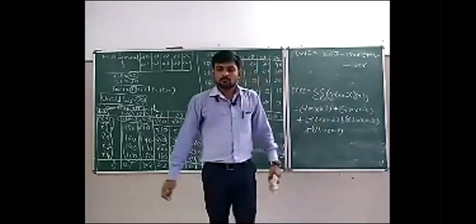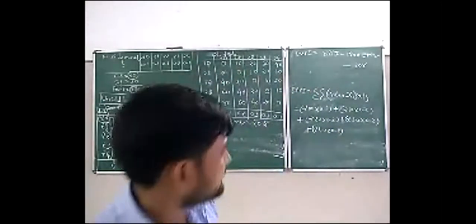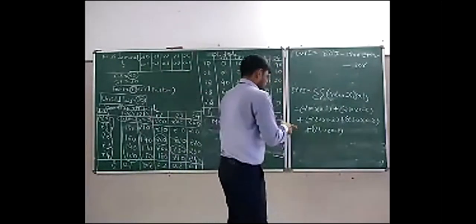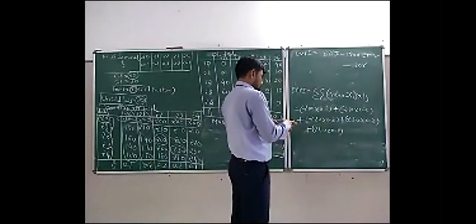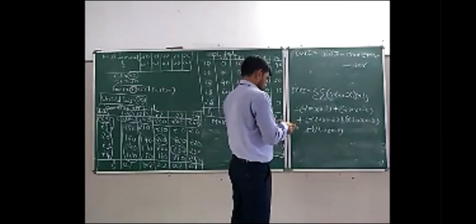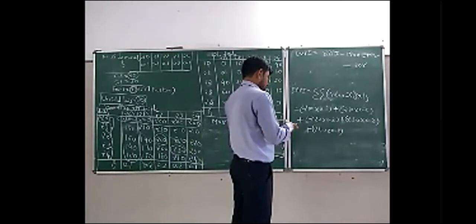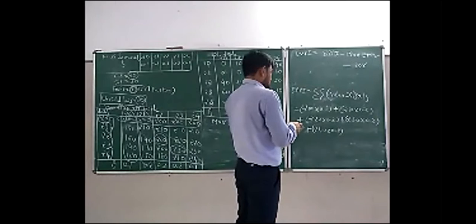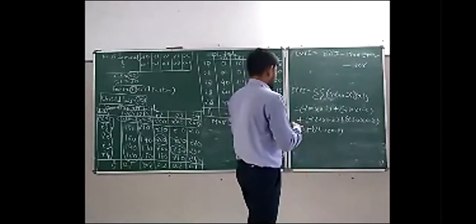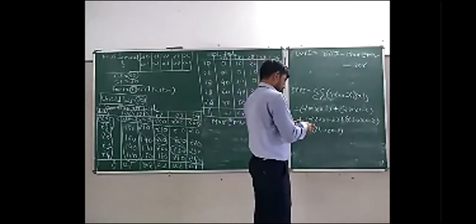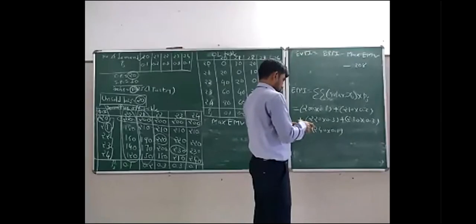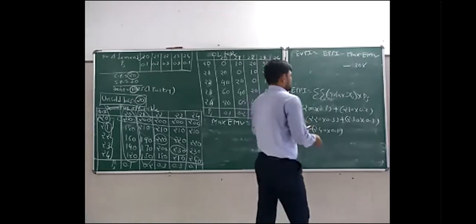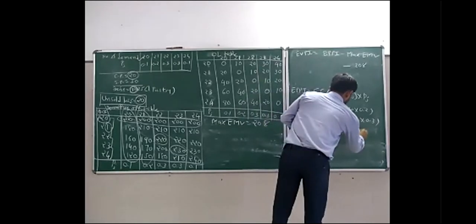Clear? So now we can calculate this: 200 into 0.1, 210 into 0.2, 220 into 0.3, 230 into 0.3, 240 into 0.1, and the answer is 221.